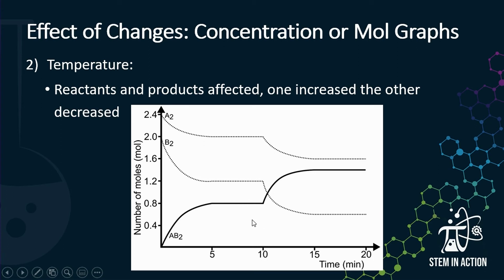And then at 10 seconds, a change occurs. And we can see that our products increased where both our reactants have decreased, which tells us that one reaction has been favored, and therefore there has been a change in the temperature.